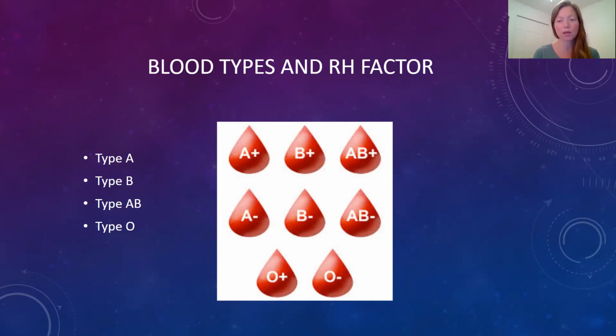Proper identification of your patients is always important. Proper labeling is always important, but this is a good example of why. To prevent transfusion reactions, we need to always use two patient identifiers. We need to make sure that blood and blood products and specimens are always labeled correctly.